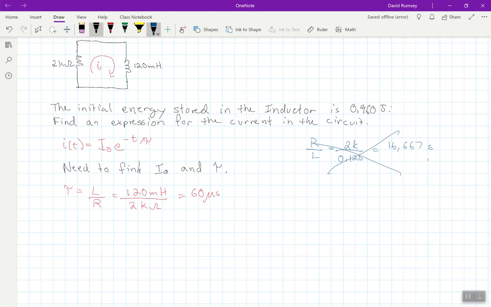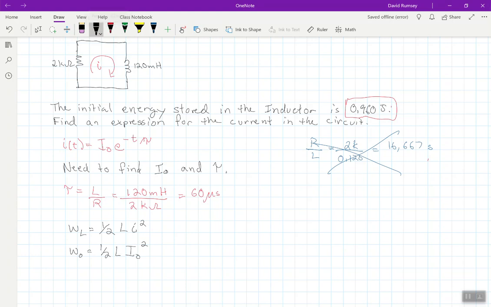I just need to figure out what my initial current is. Well, what's the other piece of information we've been given in this problem? We've been given that the initial energy is 0.960. Now remember, our formula for the energy inside an inductor is 1/2 L I squared. If this is the initial energy, I'll write this as W, or omega sub 0, that's equal to 1/2 L I sub 0 squared, my initial current.